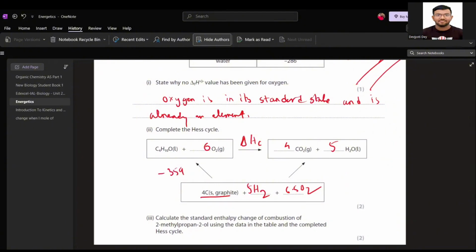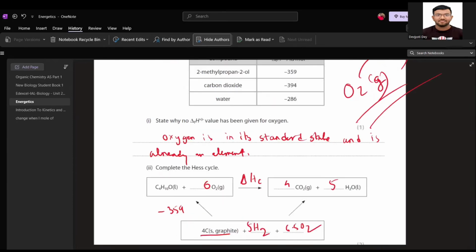As you can see clearly, from its standard states, 1 mole of 2-methylpropan-2-ol is being produced. Then the next part is we have carbon dioxide and water. Now this is a little bit tricky. As you can see very clearly, 4 moles of carbon dioxide and 5 moles of water are produced.